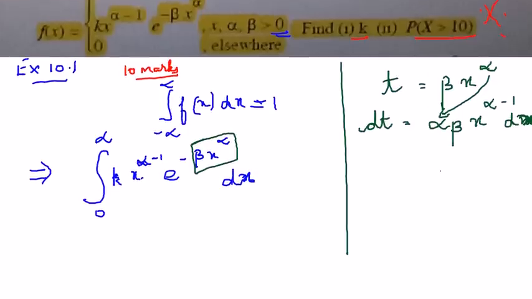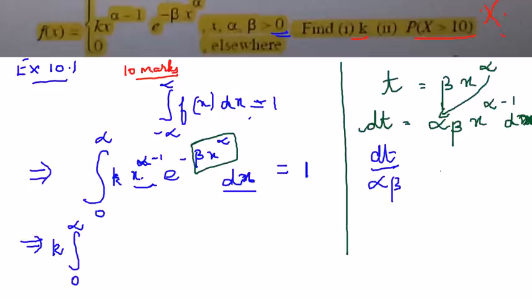So let's try to substitute it over here. So we get all this. Don't forget to put that 1 here from this part. So you get 0 to infinity. Let's take k outside. X power alpha minus 1 and dx can be replaced as dt by alpha beta, and e power minus beta x power alpha can be written as e power minus t from here.